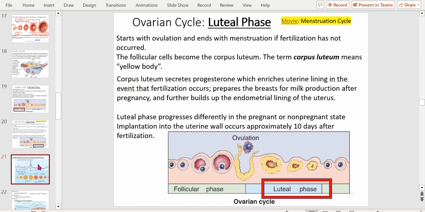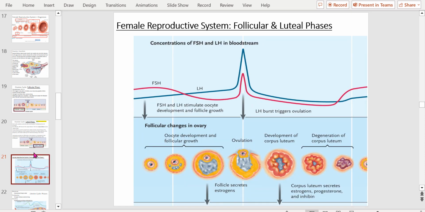This is a great little slide showing you the different levels of follicle-stimulating hormone and luteinizing hormone at different times. Initially, at the start, follicle-stimulating hormone is at higher levels.